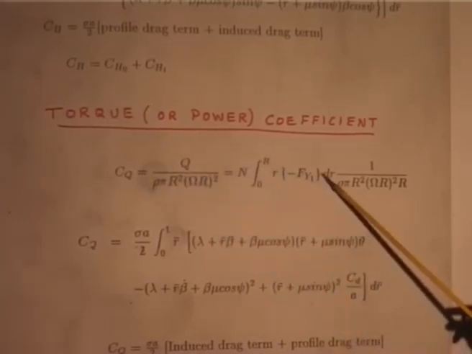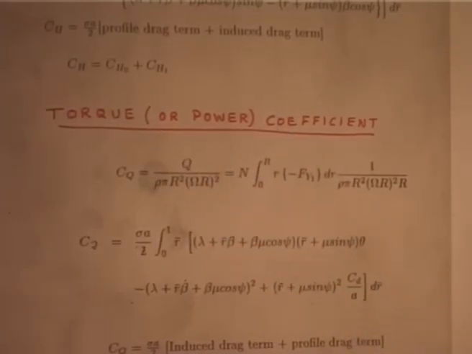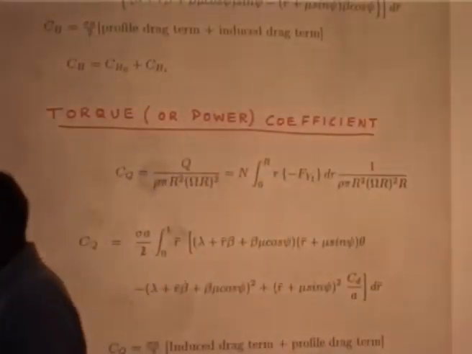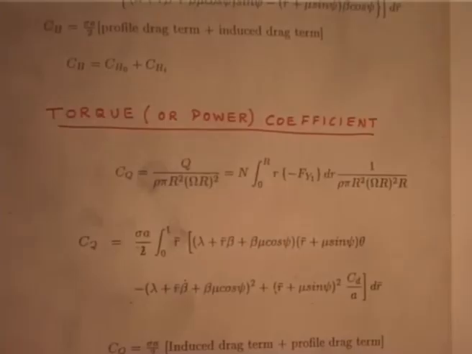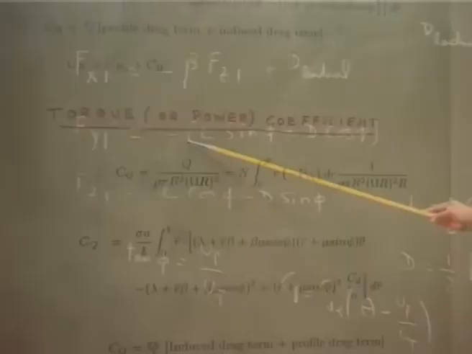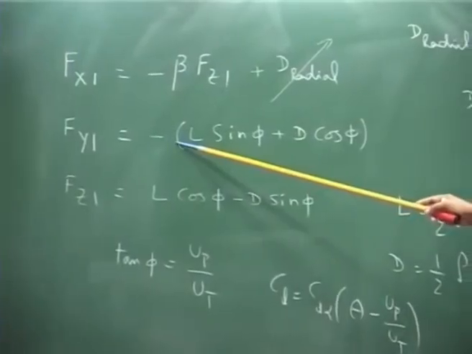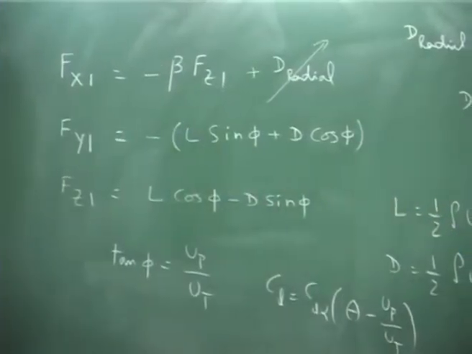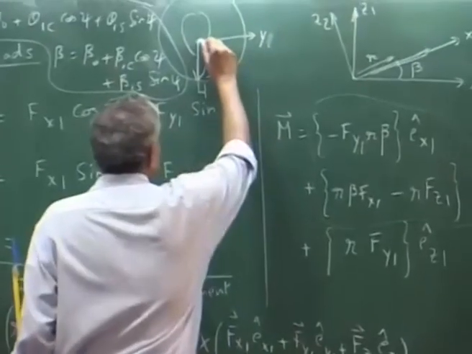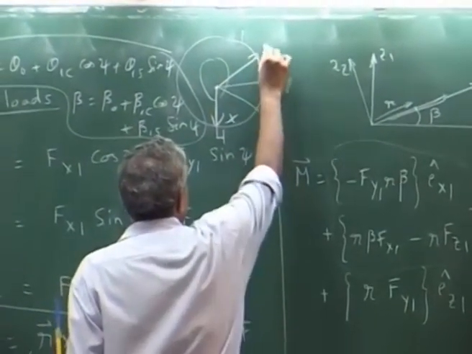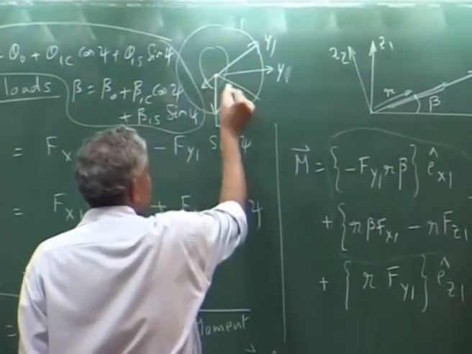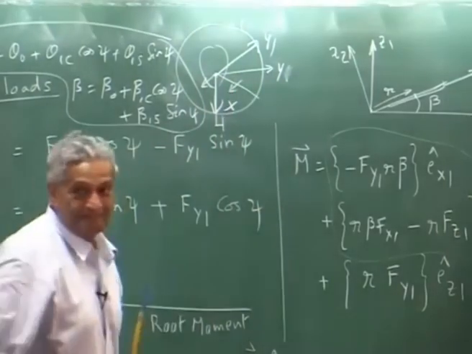And here the torque. I put a minus sign here just to make it plus, that is all, there is nothing else. Because if the rotor blade is rotating in the counterclockwise direction, you know that the drag force is in the minus y1 direction. So, this is my y1, minus y1 is this, that means my drag force is like this.